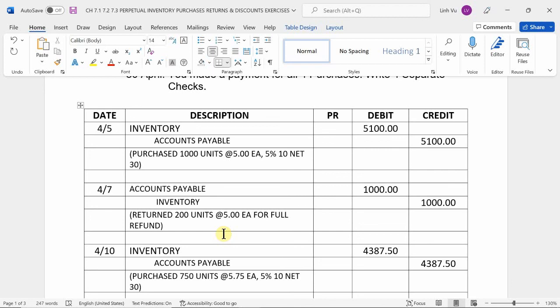Okay. If I originally purchased the whole thing for $5,100 and I end up returning $1,000, how much do I owe for my very first purchase?